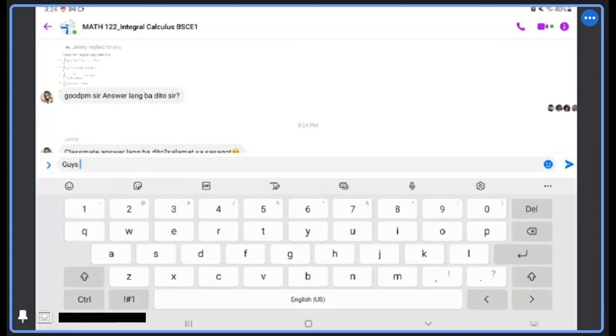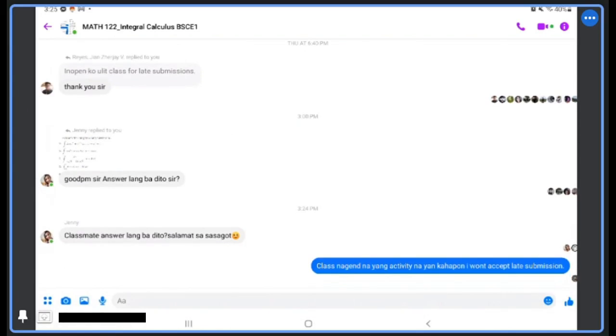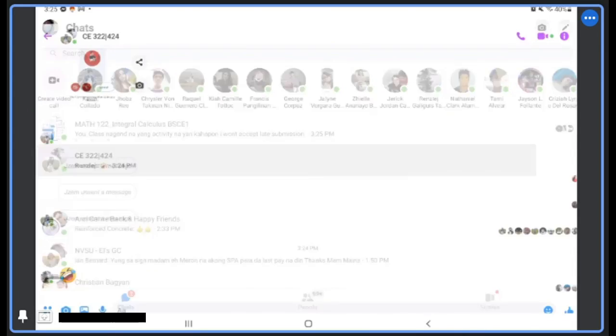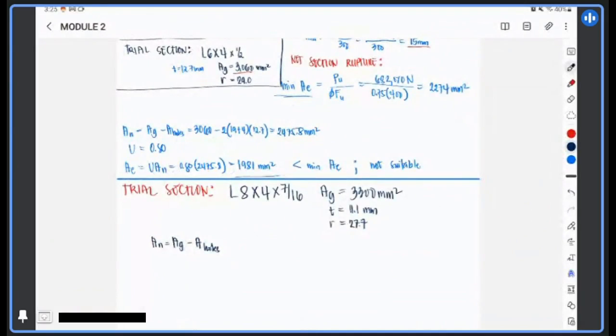Guys, that activity. JSM, anong sinabi mo?